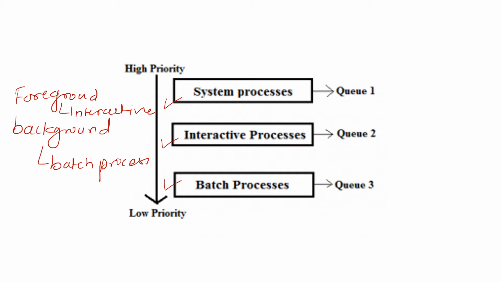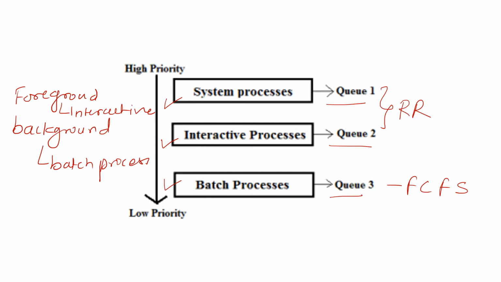So system process has Q1, interactive processes have Q2 and batch processes have Q3. Each queue has its own scheduling algorithm. For example, Q1 and Q2 use the round robin algorithm, while Q3 can use first come first serve algorithm. These two algorithms we have already discussed in previous lecture.